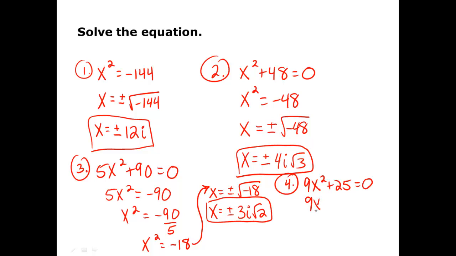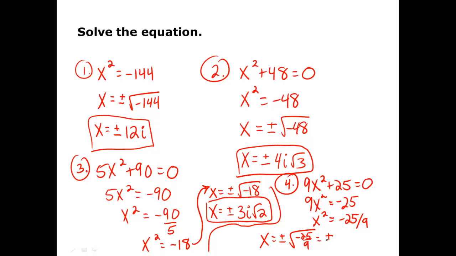So we're going to subtract the 25, divide by 9, and take the square root. x equals plus or minus the square root of negative 25 over 9, which is plus or minus, the square root of negative 25 is 5i, the square root of 9 is 3. That is our final answer.